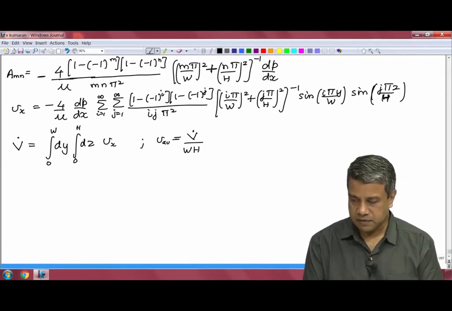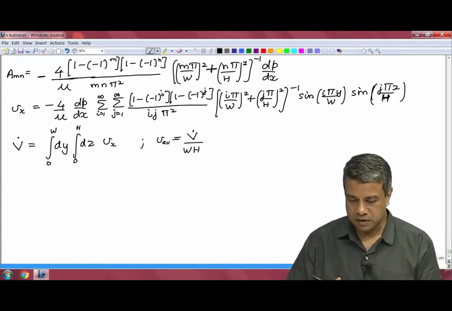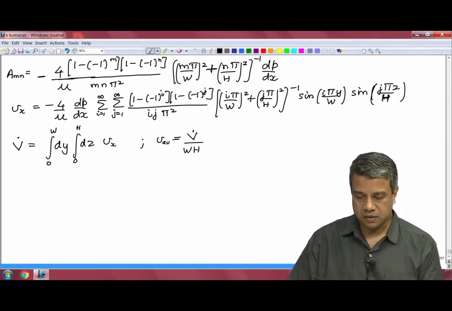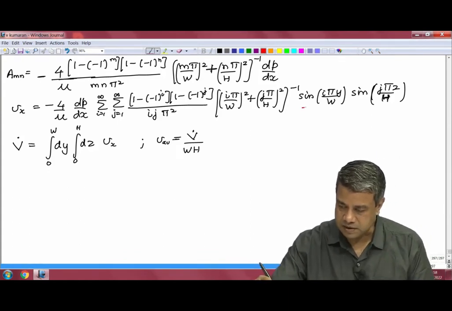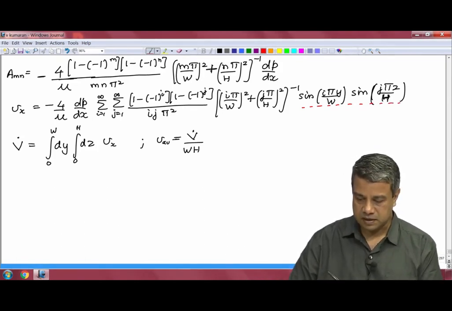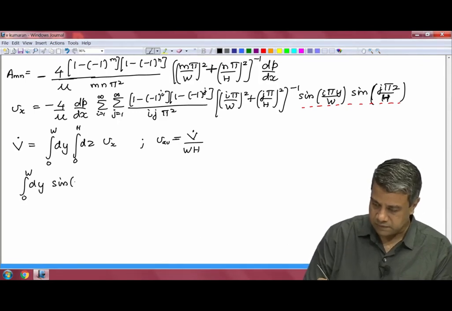So, how do we evaluate the volumetric flow rate? We have to integrate this Vx over 0 to w in the y direction and 0 to h in the z direction. Note that Vx depends upon y and z only through the dependence of these sine functions. These are the only functions that depend upon y and z. And the integral, for example, we had just evaluated integral 0 to w dy sine of i pi y by w.